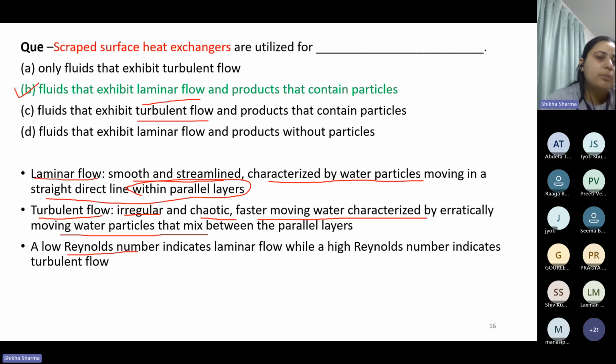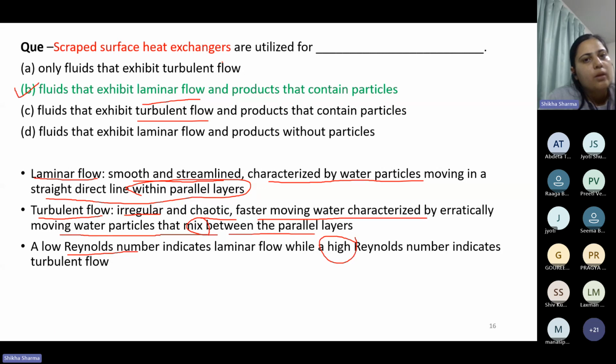They mix between the parallel layers, and its Reynolds number is very high. So these are the different flows.